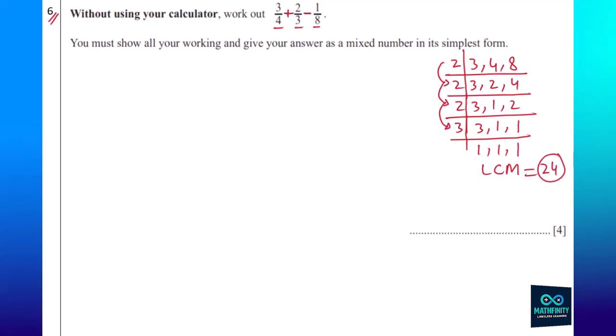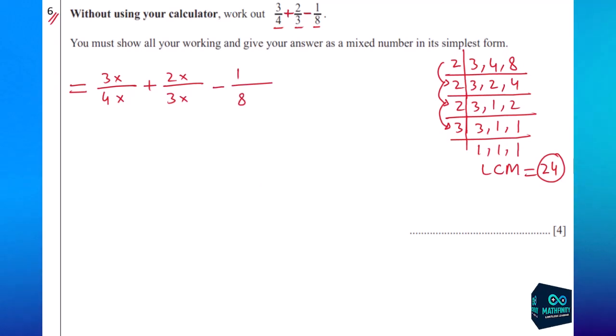It means we have to make 24 in the denominator. So first step will be write the question as it is, but with multiplication. 2 over 3 minus 1 over 8, multiply, multiply. Then think what number you will multiply by 4 to get 24.